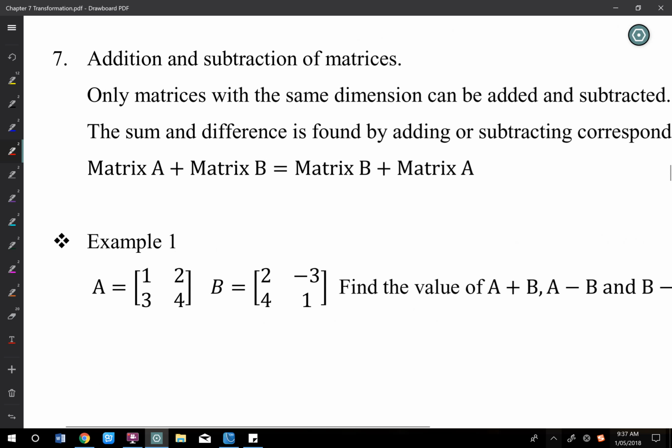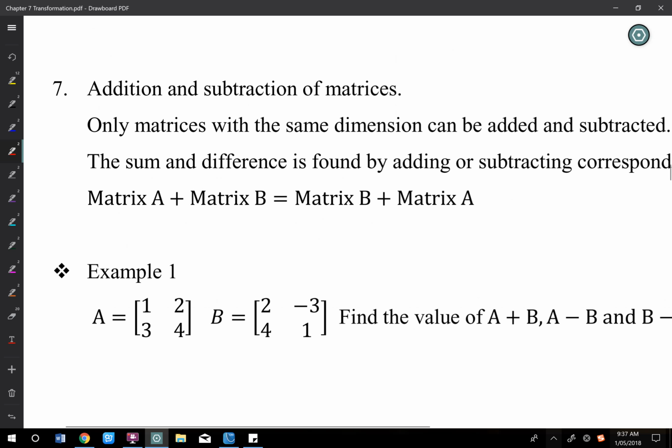All right. Addition and subtraction. As I mentioned, you have restrictions to add and subtract matrices. It's very easy to do addition and subtraction. So what's the restriction? The 2 matrices must have the same order, or same dimension, or same size. Then they can be added or subtracted. 3 times 2 and 2 times 3 are not the same order.